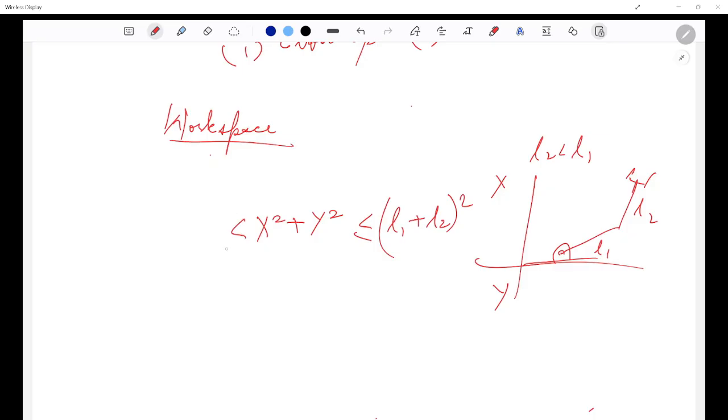What is the minimum that it can cover? Can anyone answer this? L1 minus L2, assuming L1 is greater than L2. So it is (L1 minus L2) squared.